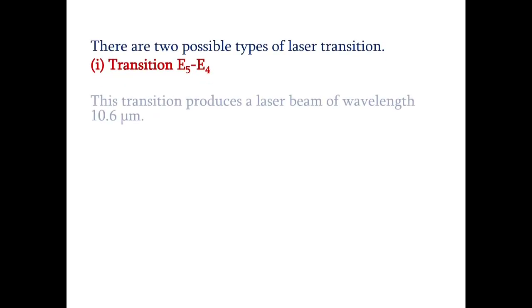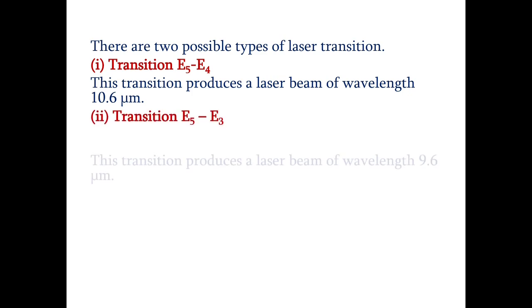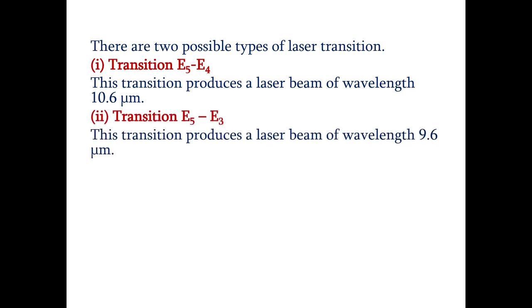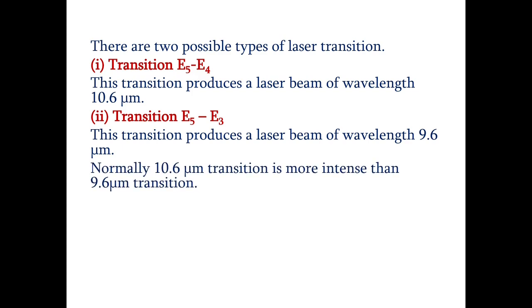So these carbon dioxide molecules will shift to the ground state by emitting the excess energy or by transiting to the lower energy level. There are two possible laser transitions, as we have seen in the energy level diagram itself.